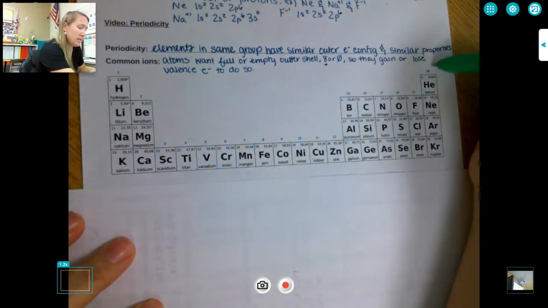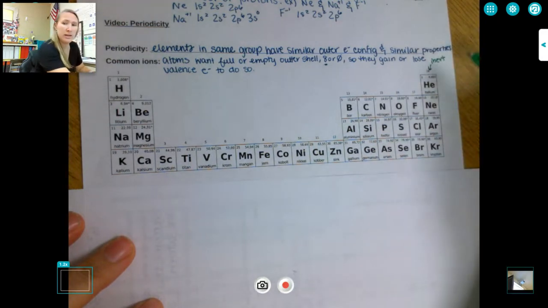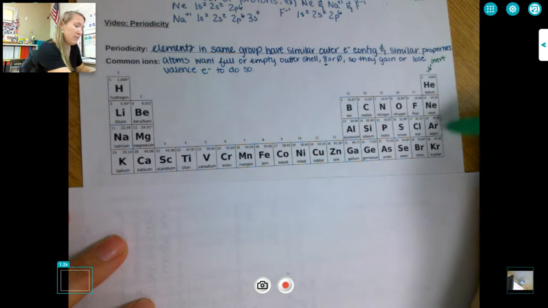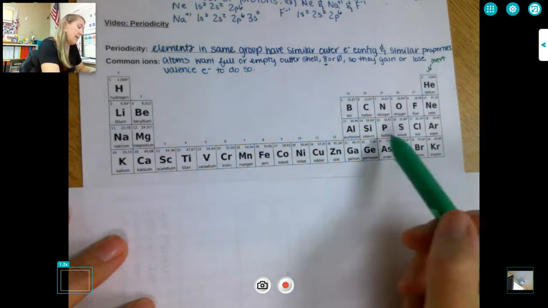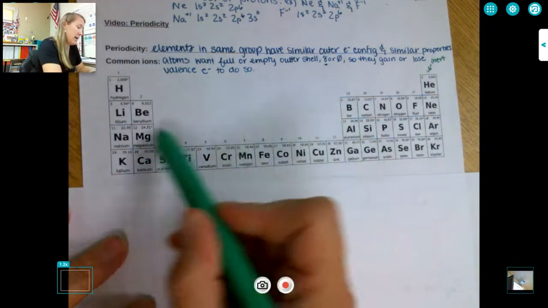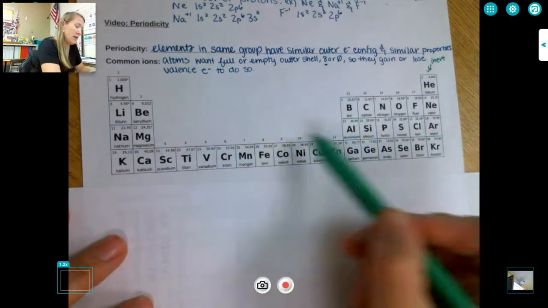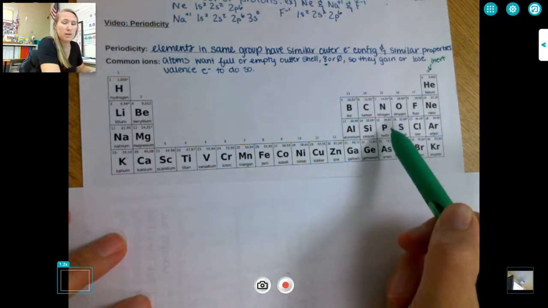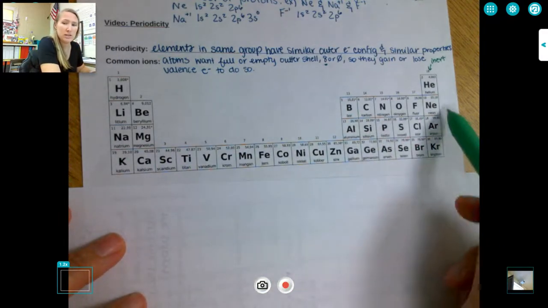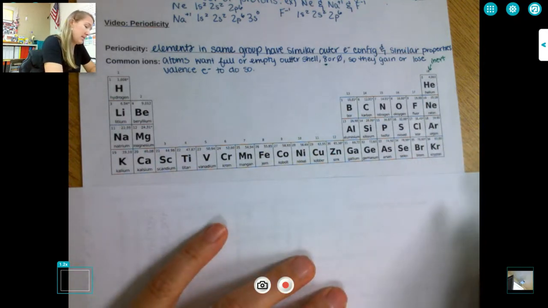So remember, our noble gases are considered inert, and that's because their electrons are all paired and they have a full outer shell. And then all of our atoms in between, to the left of them, are either trying to gain or lose electrons to get towards that noble gas status.